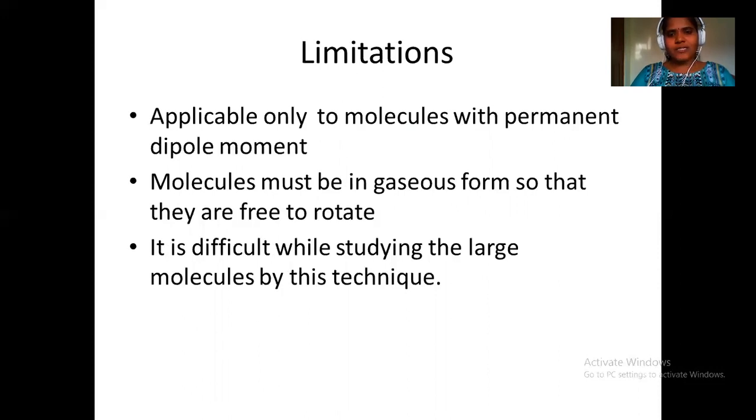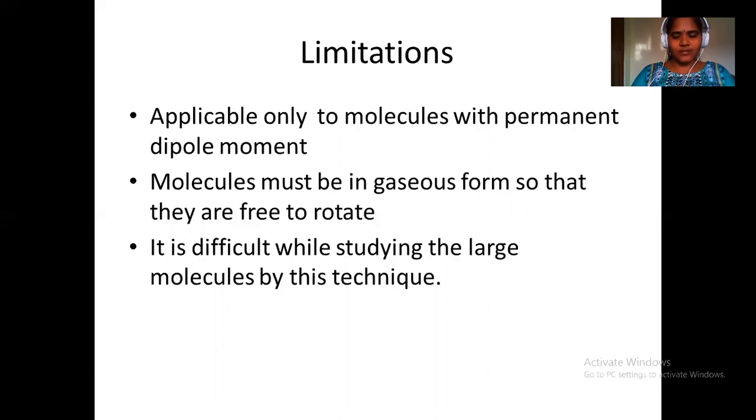If the molecule is not in the gaseous state, then it is not free to move, so we can't apply rotational spectroscopy for such compounds. And even it is difficult to study larger molecules by this technique. It is applicable for smaller molecules only.